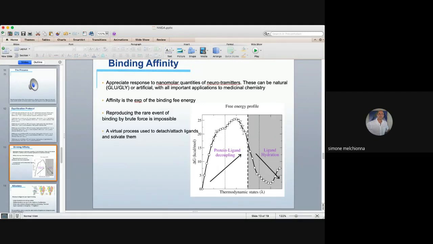So this process is a rare event process, but it's so important that we need to quantify the free energy difference. So what we have to do is avoid the brute force process where you allow the ligands to reach the pockets in the receptor. What you have to do is create a virtual process and compute the full thermodynamic cycle.